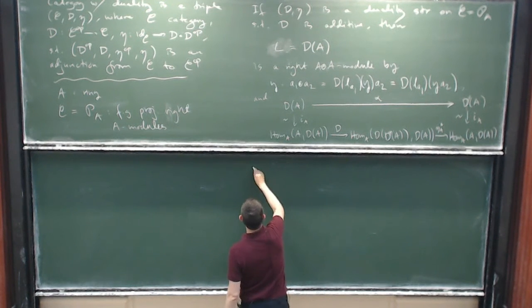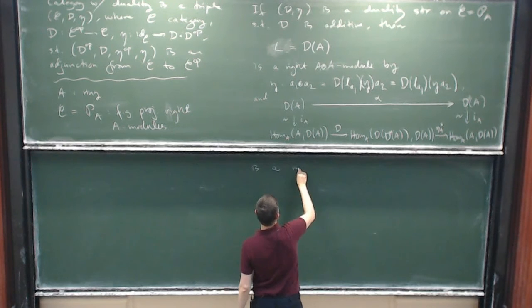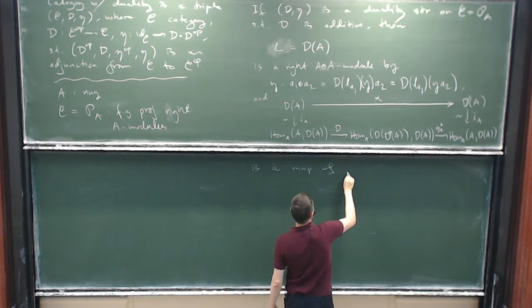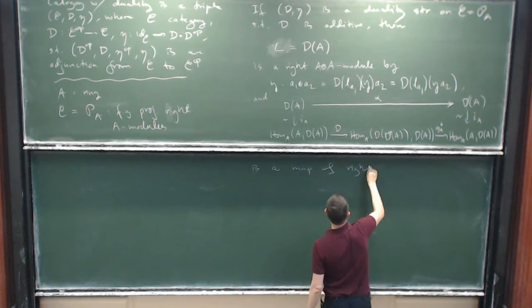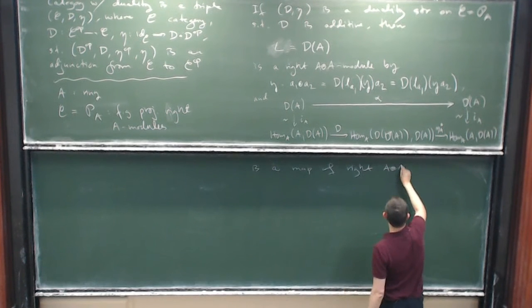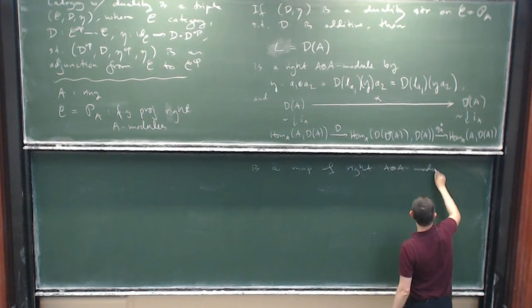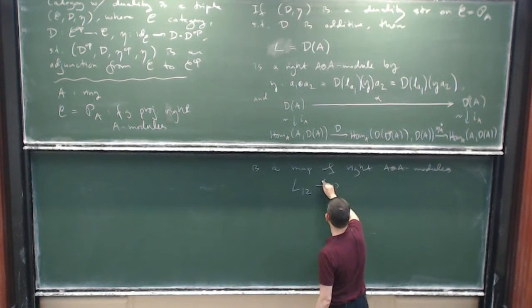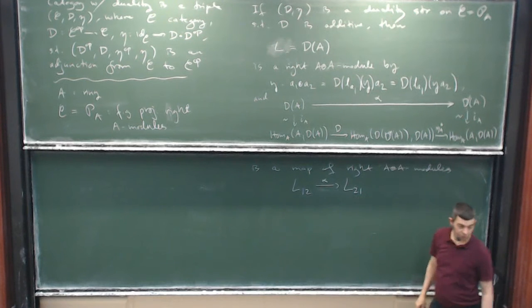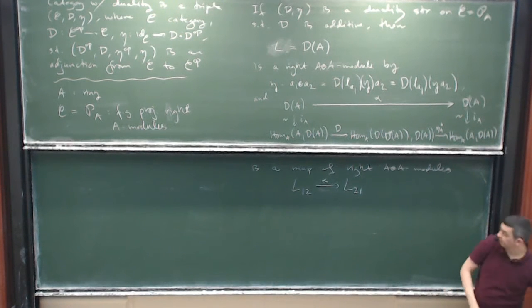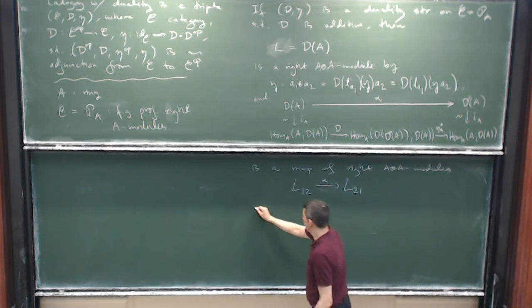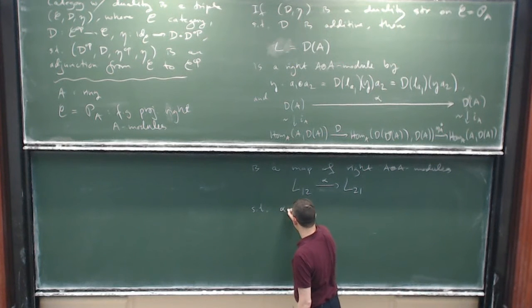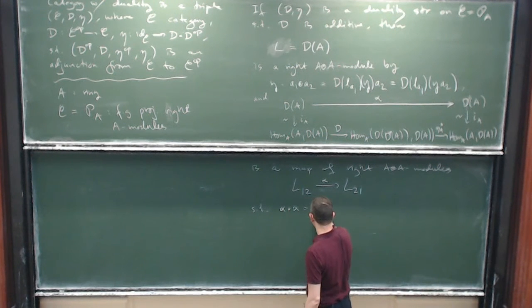And this is a map of right A tensor A modules from L to itself that switches the two structures. And alpha is the identity.